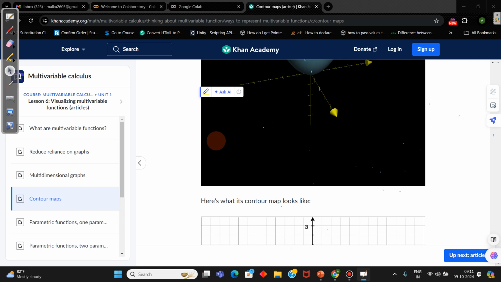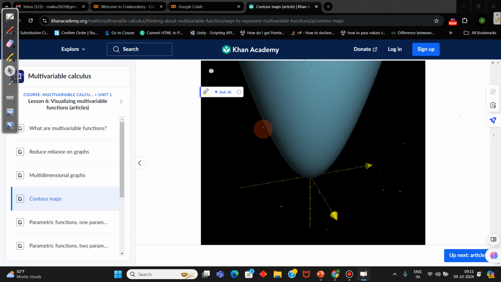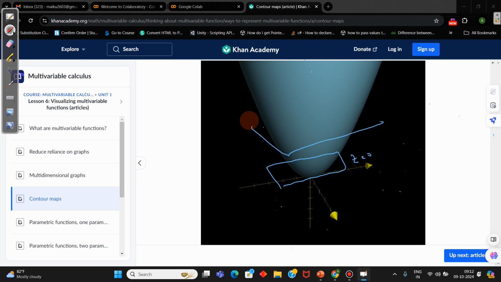So as we did earlier, we are taking planes which have different z values and which are parallel to each other. We are only increasing z, and we are getting the kind of plots we saw in the earlier example.